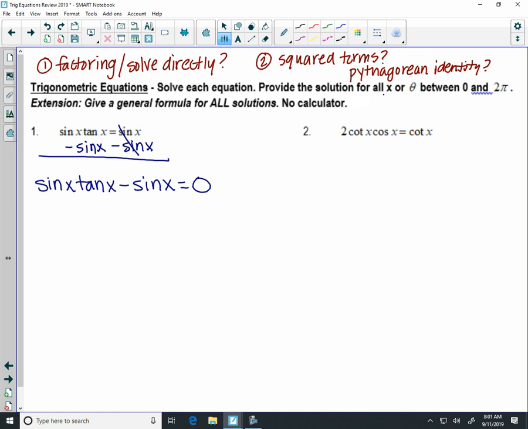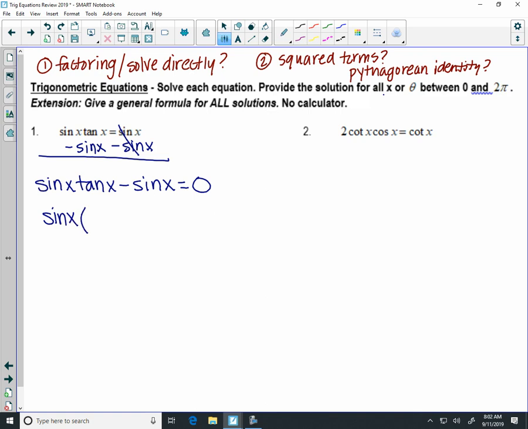That's like x, y, and x. Or if you give it a, b, and a, you can't subtract those. We do have sine in common though, so we can GCF a sine out.